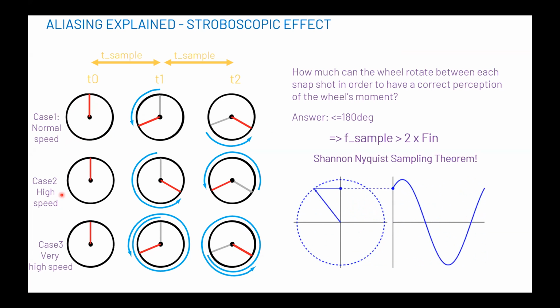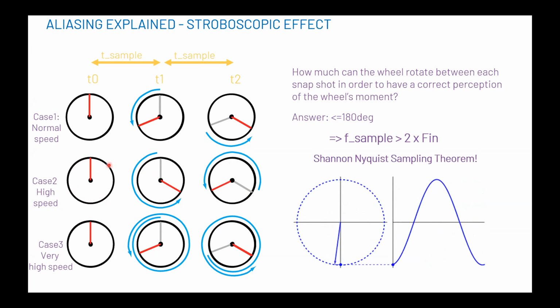Now, I'll take case 2, wherein the spinning of the wheel is fast, but my sampling instances T0, T1, T2 are the same. Here, at T1 the wheel would have rotated 2/3 of a cycle, and at T2 it would have rotated one full cycle and another 1/3, since it is spinning fast. If I observe this closely, I will think that the wheel is spinning in a clockwise direction.